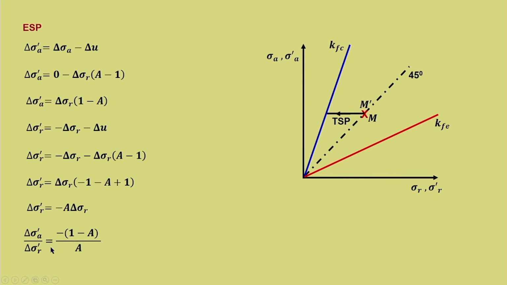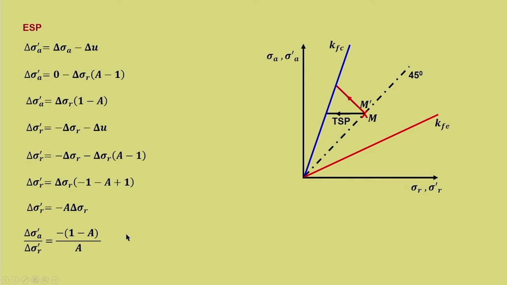So, we take the slope: delta sigma A dash upon delta sigma R dash is equal to minus (1 minus A) by A. Now, have you seen this expression before? Yes, we have seen it, because the slope of the effective stress path remains the same as in the previous case, even though the sequence of loading has changed.